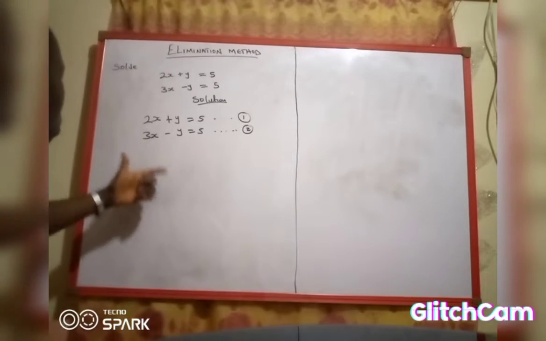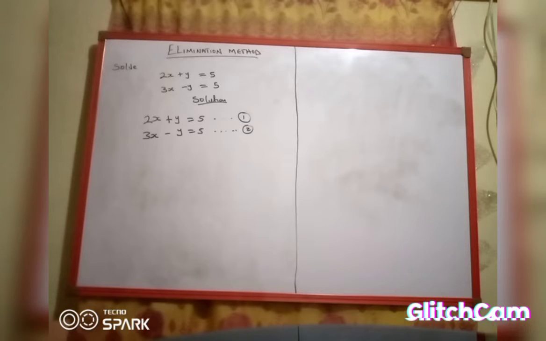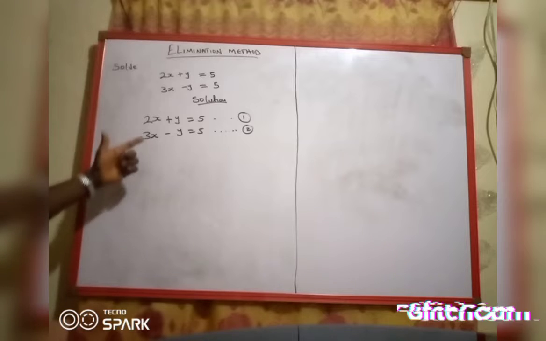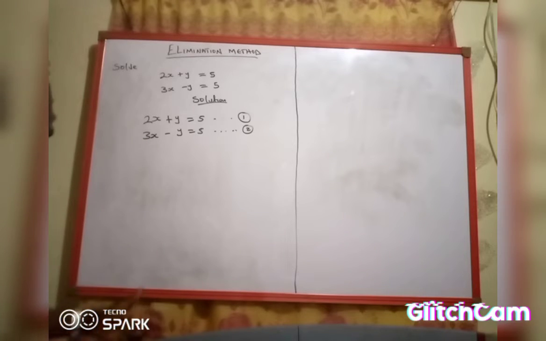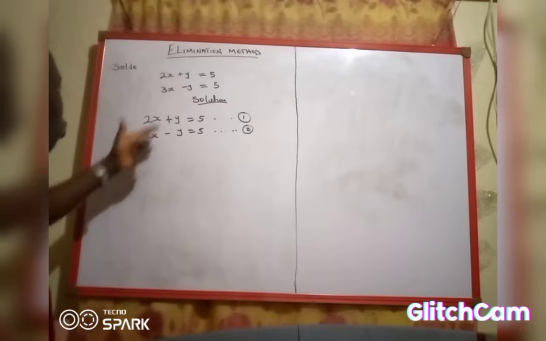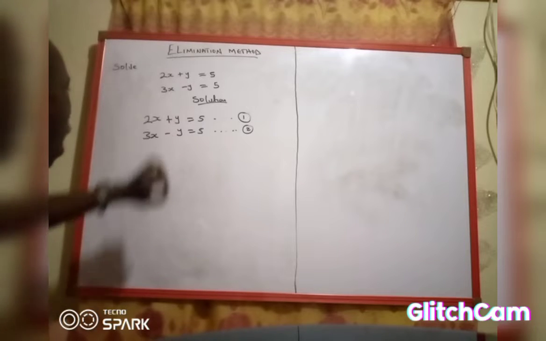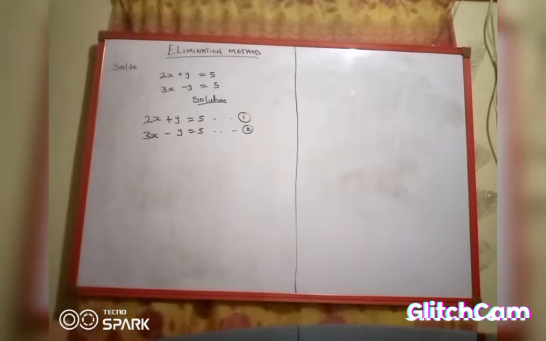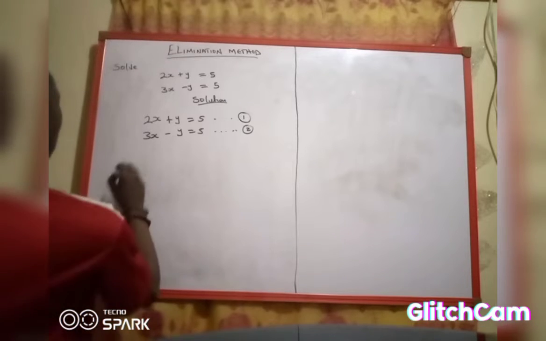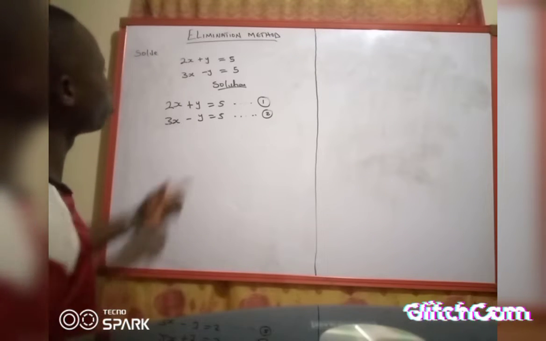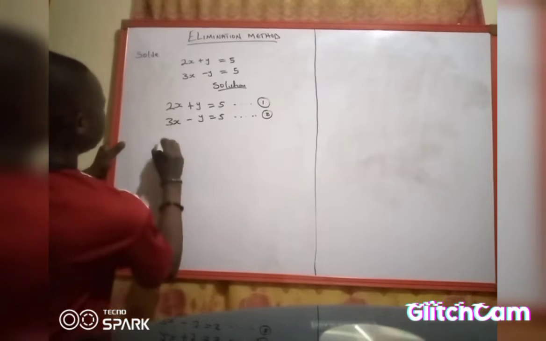If you look at this question very well, in linear equations we don't subtract nor divide, we only multiply and add. So we can add these equations so that we can eliminate y and solve for x first. We add equation 1 and 2 together.